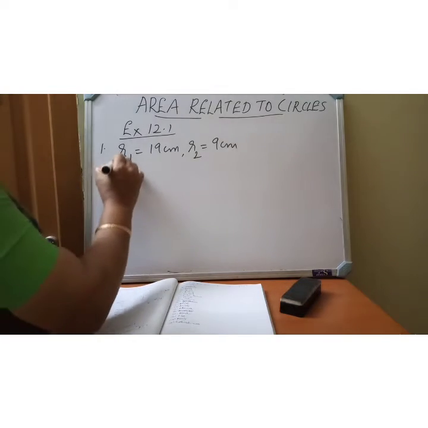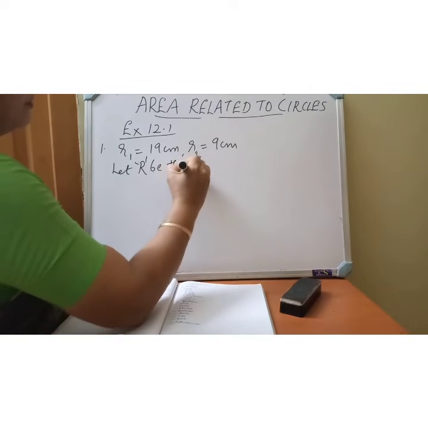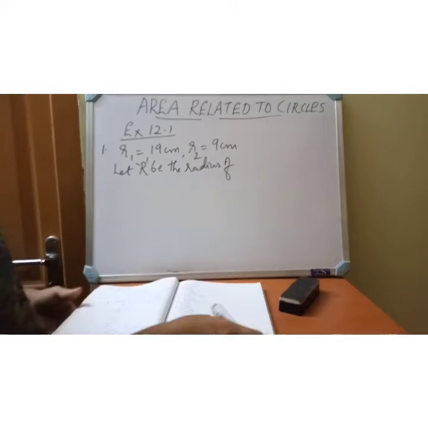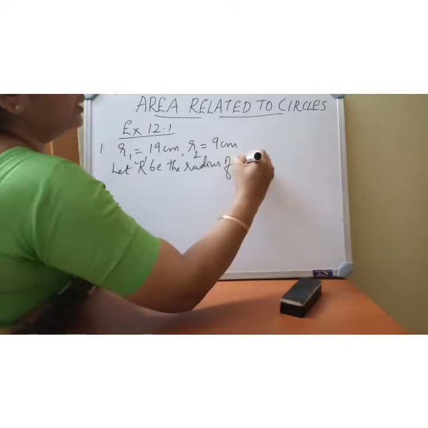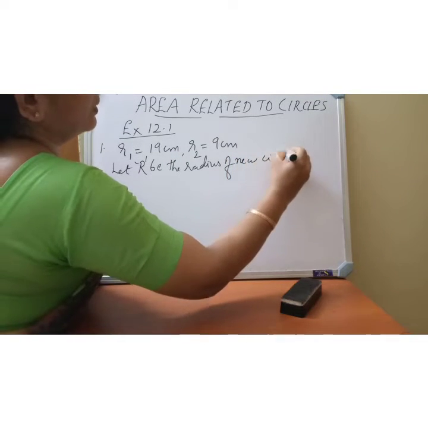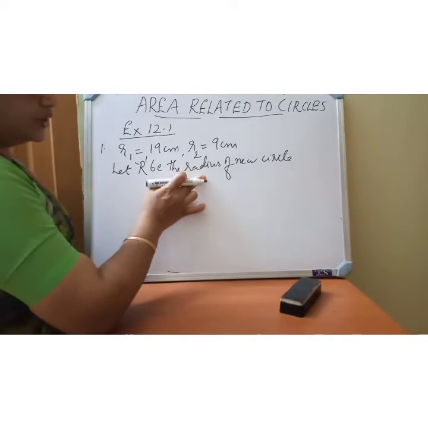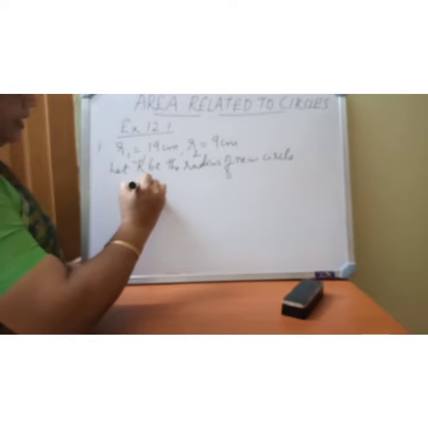So we must take, let capital R be the radius of the new circle. Therefore, by given data, what is the circumference of the new circle with capital R as radius? 2 pi R, isn't it?